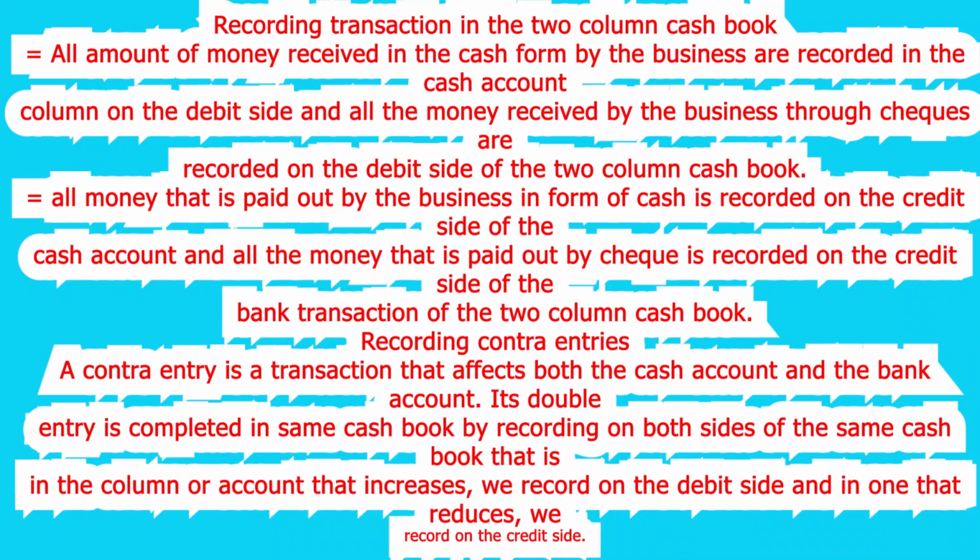That means that if money is increasing in our cash account, we record it on the debit side, and if money is reducing in our bank account, we record it on the credit side, and this is recorded on the same date, and that signifies a contra entry.